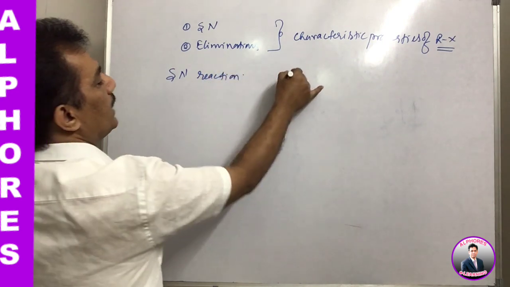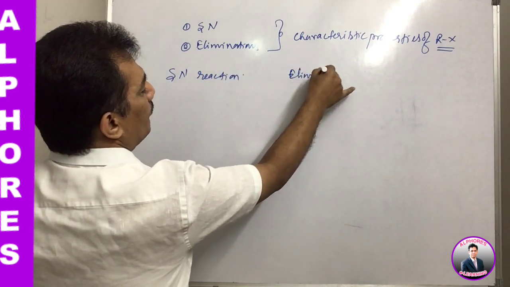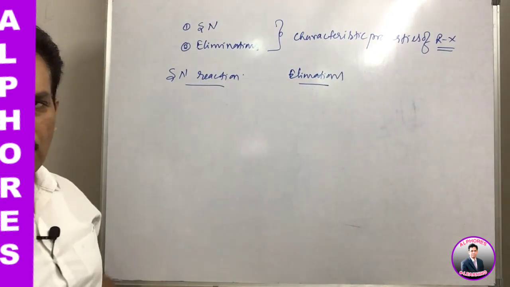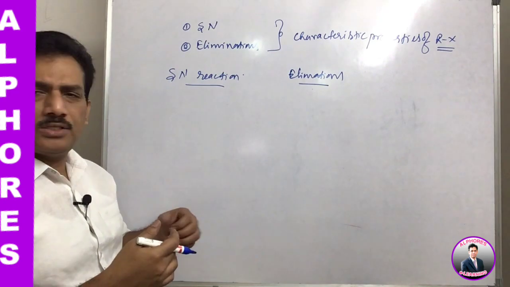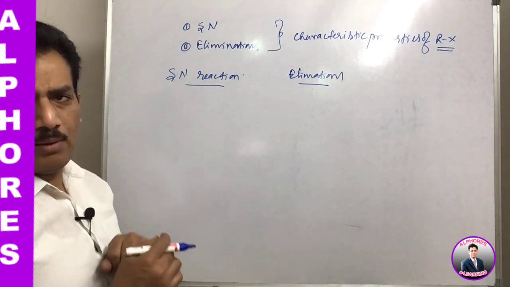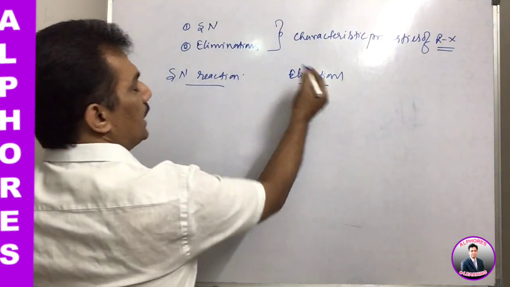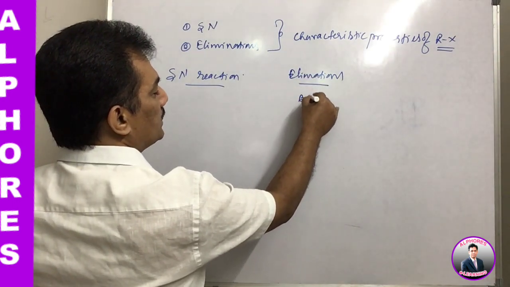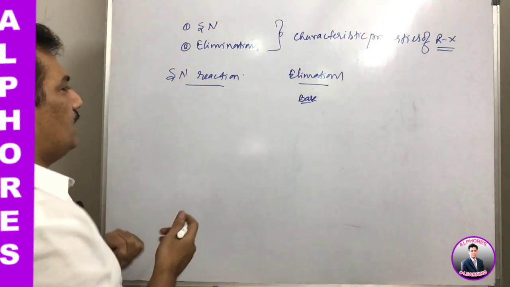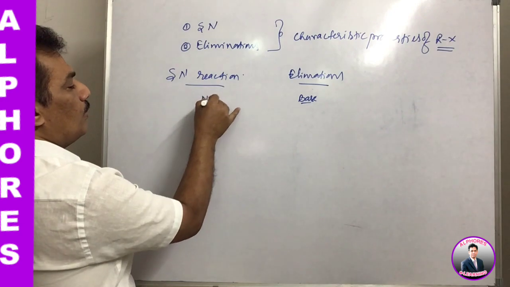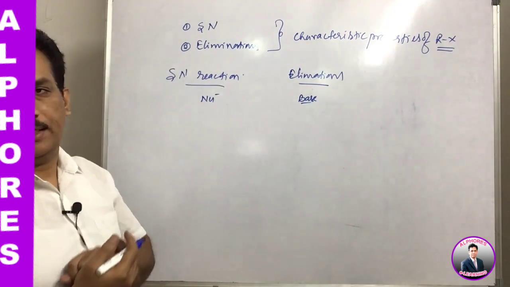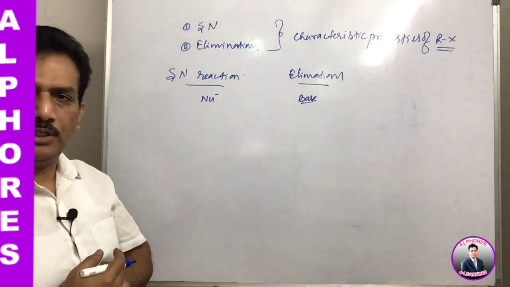And now, when it is SN reactions and when it is eliminations, the major difference is where we can expect elimination and where we can expect SN reaction. Already in previous two, three videos this discussion has happened. Here again I am giving it, just remember: elimination happens with base, whereas nucleophilicity leads to SN reaction, that is nucleophilic substitution.